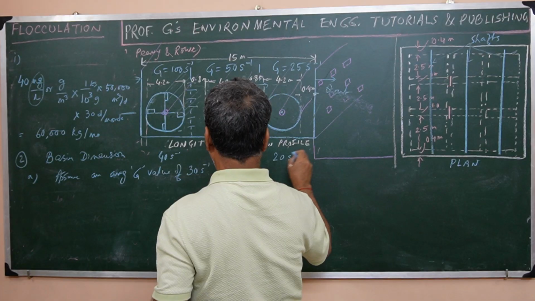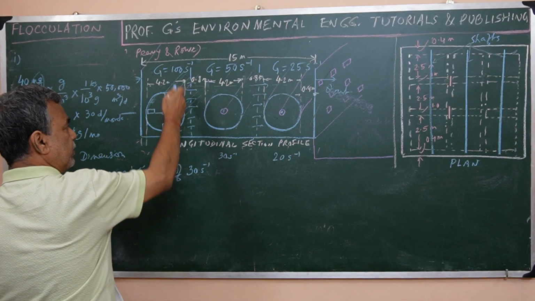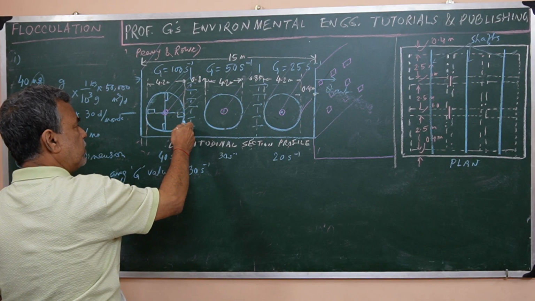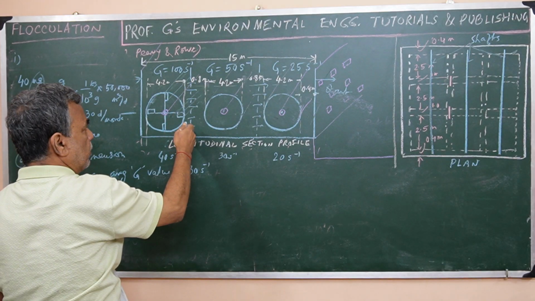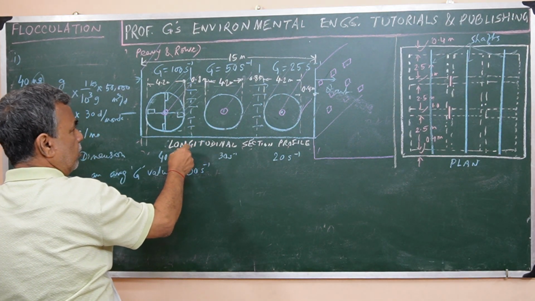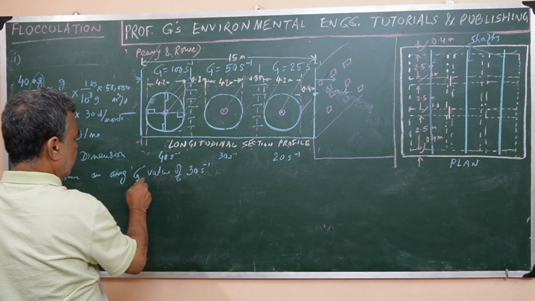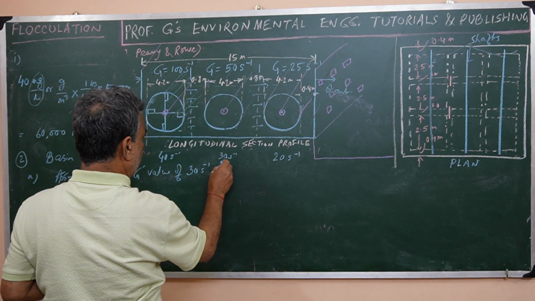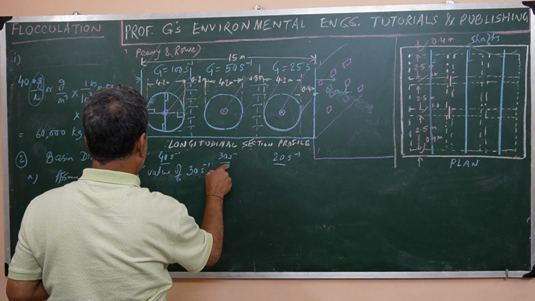So the first compartment is separated by perforations. Sometimes it may not be separated, just a virtual kind of separation. But many a time perforations also are there. So there you see that the average G value becomes 40, 30, 20, so the average is 30 second inverse.